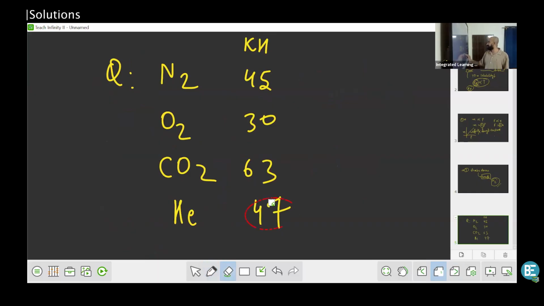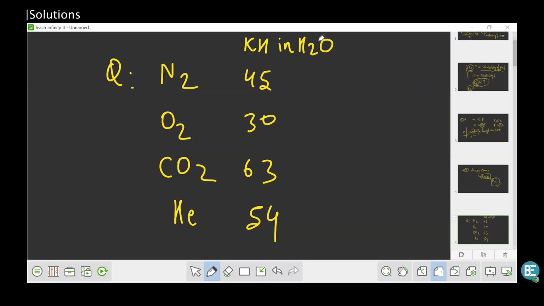Or let's make it 54. Okay, which one is the most soluble one? Out of all the four, which one is the most soluble in water? Oxygen, sir. Oxygen is most soluble because its KH value is least. Low one. So it is most soluble. Is that clear? Yes, sir.